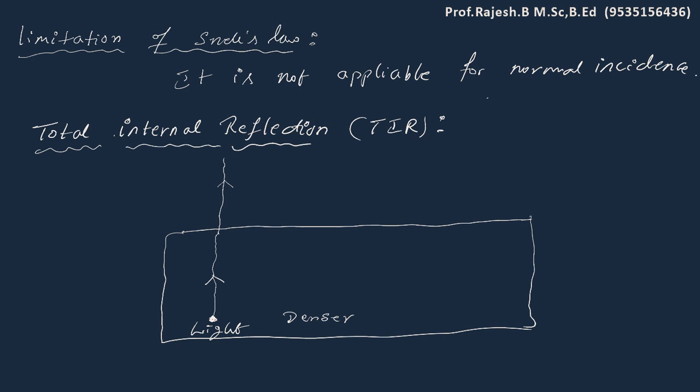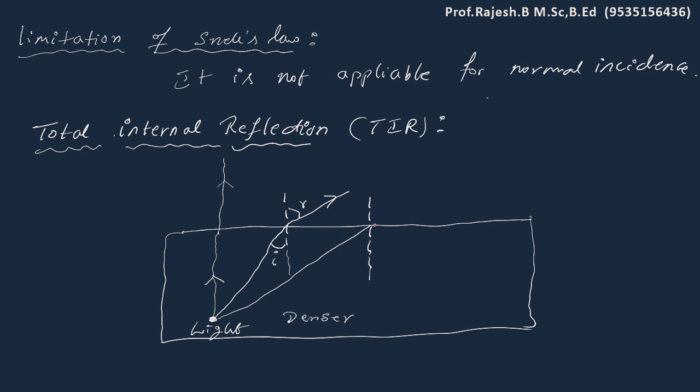But if it enters obliquely, it goes away from the normal, like this. The angle of incidence is less than the angle of refraction. But if the angle of incidence still increases, at a particular angle of incidence the light grazes over the surface.